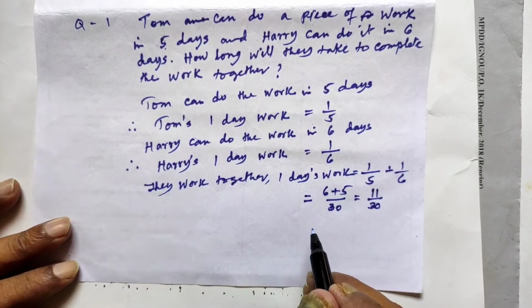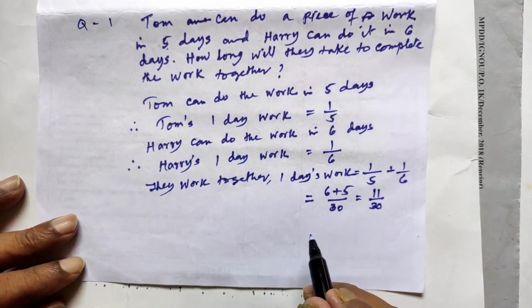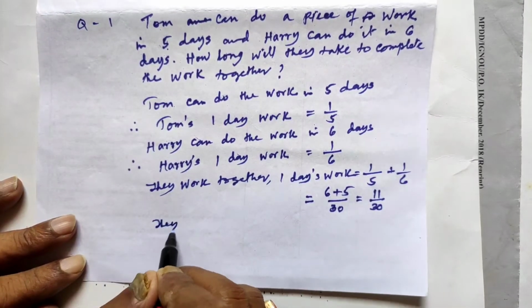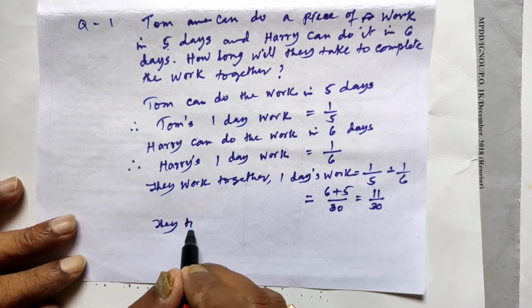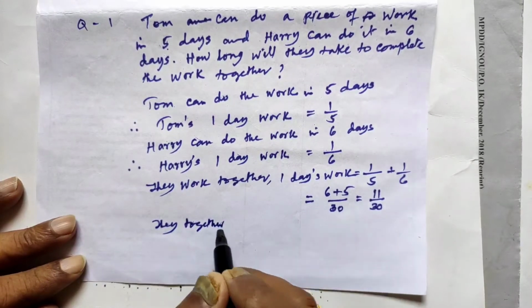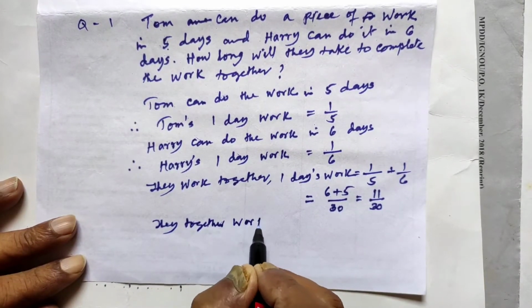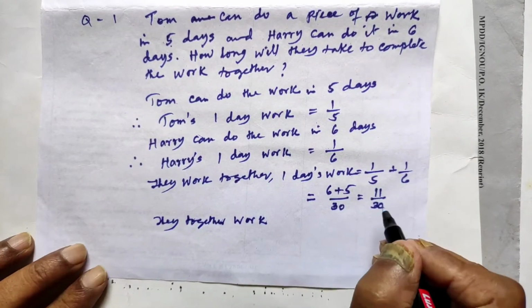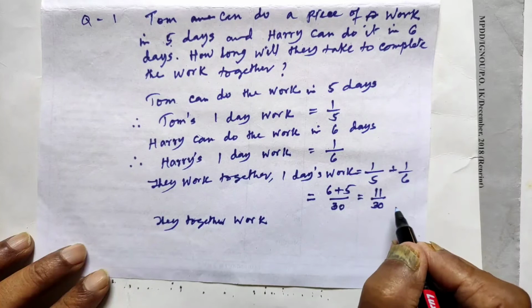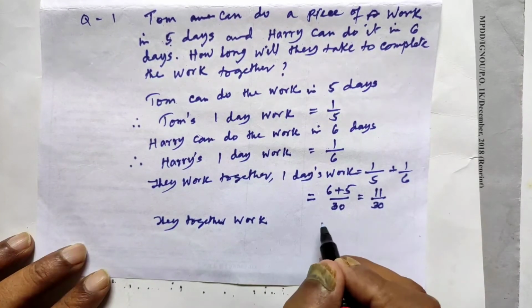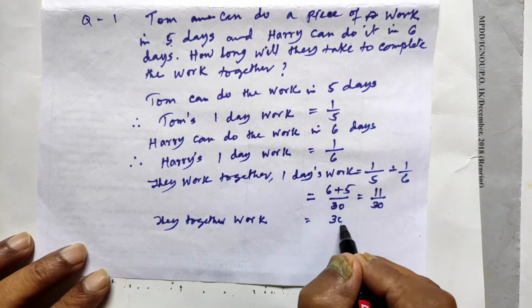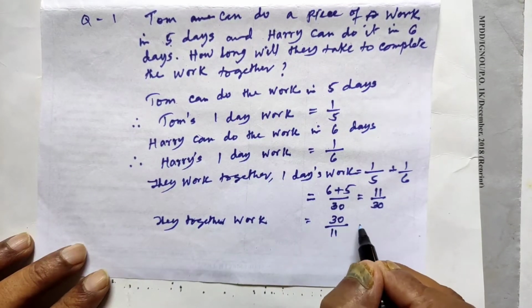Therefore, when they work together, you have to reverse it. So it is 30 by 11.